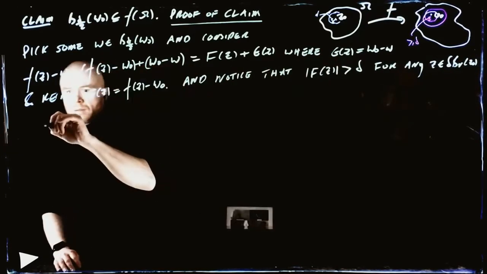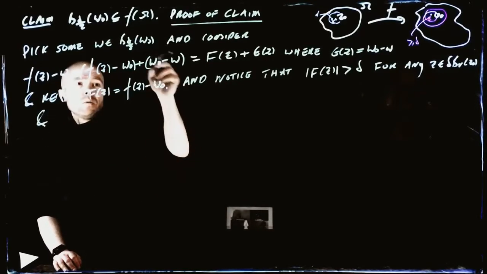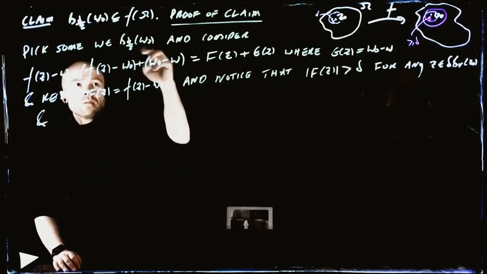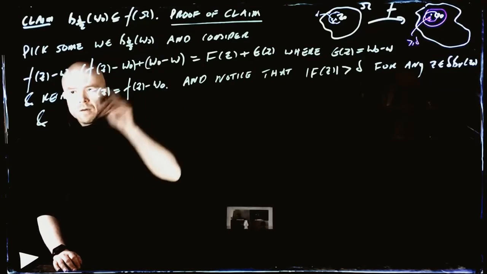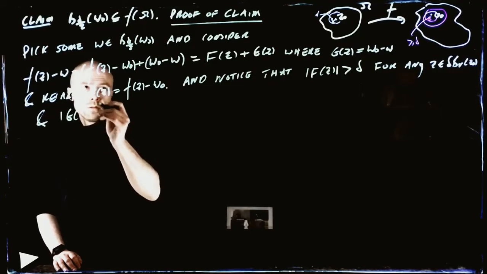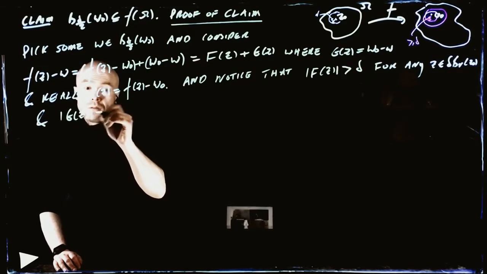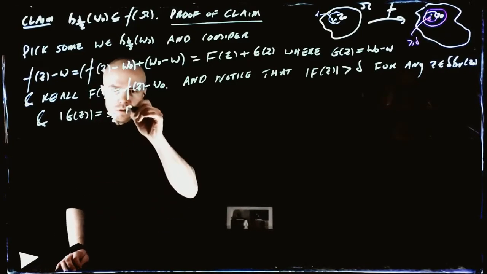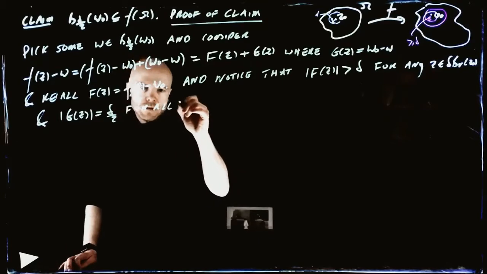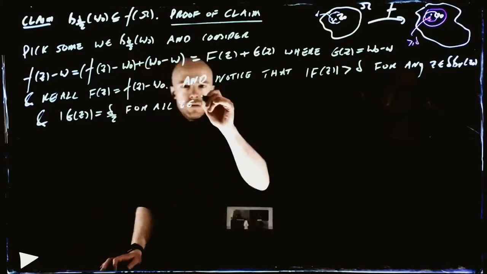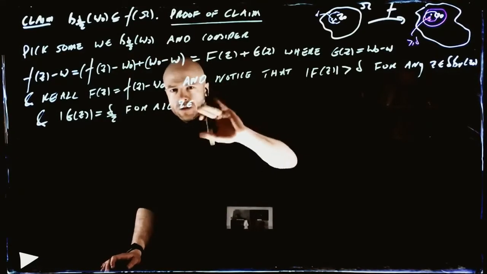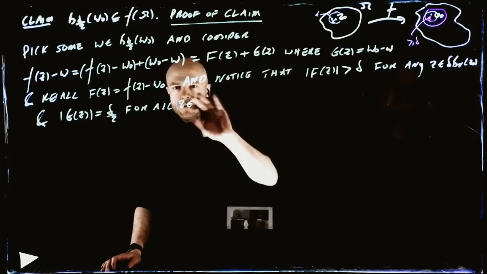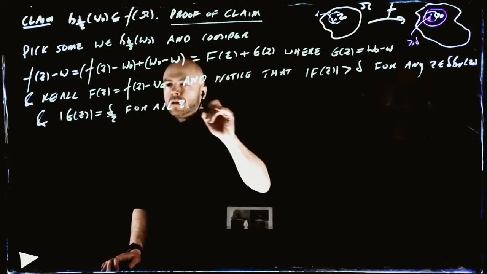And by construction, since w is inside the ball of radius delta over 2 around w0, the absolute value of capital G is less than delta over 2 for every single z, no matter where, because it's just a constant function, but let's just write it like this.